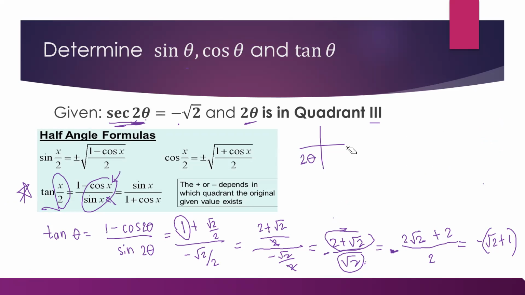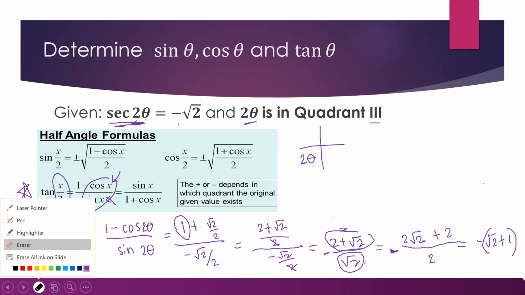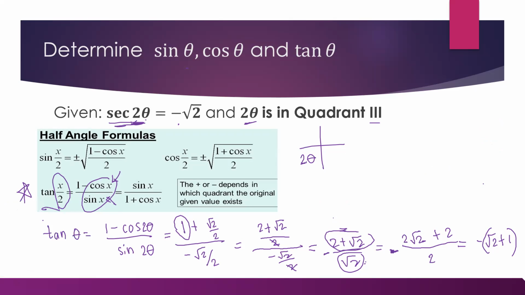Okay. Ayan. So, by the way, if 2 theta is in quadrant 3, lalabas, nasa interval siya na between, let's get our pen, it's actually between 180 and 270 degrees. Yan. So, pwede nating i-spell out yun sa inequality. 2 theta is between 180 and 270 degrees.